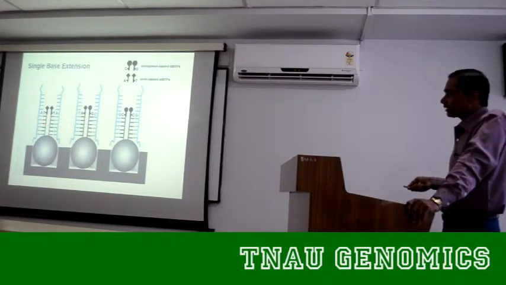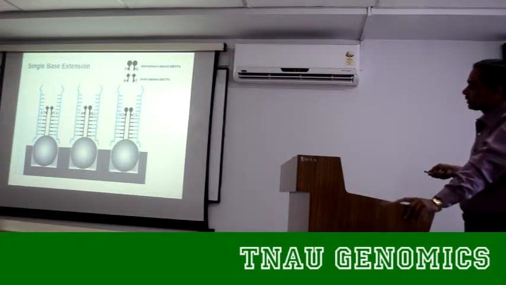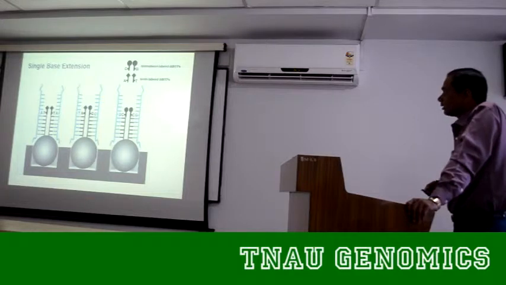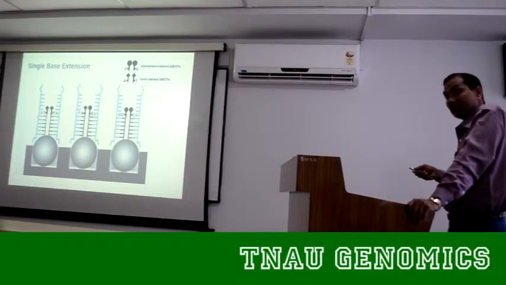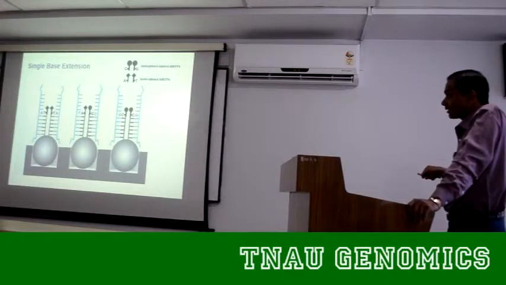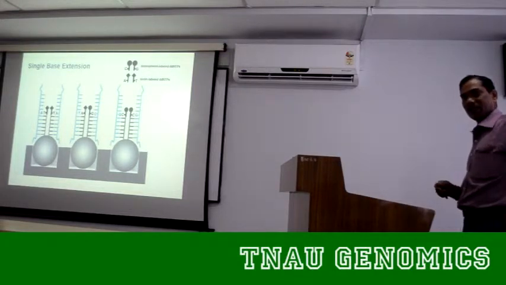And similarly, in this case, it was G here, so obviously the C would go and bind here. This is labeled with dideoxy. This will not be extended further. So that's the point, that after this extension it stops because they are dideoxynucleotides.